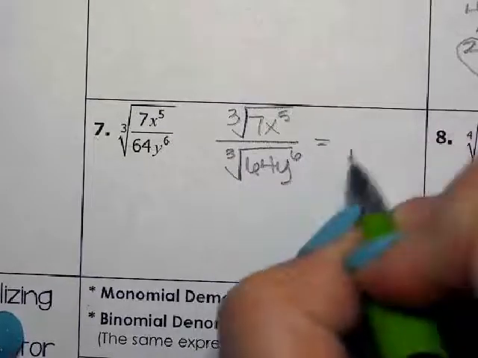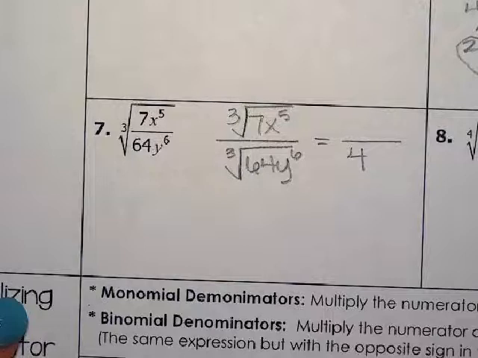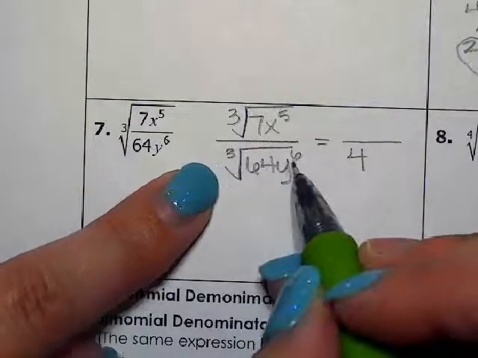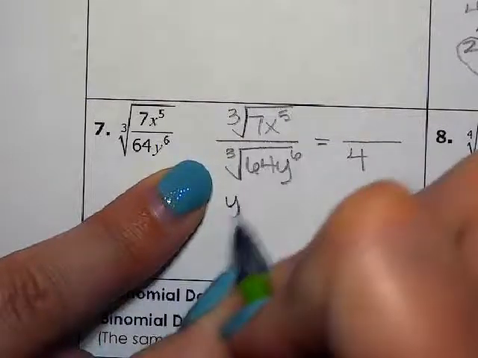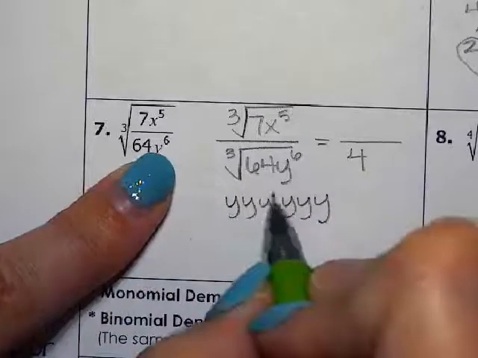Now I just want to check that y to the 6th, I want to make sure if those are a perfect cube or if they've got some leftover, so I'm just going to double check. There's 6 of them, so I've got 1, 2, 3, 4, 5, 6, and I've got a triple, and I've got a triple.